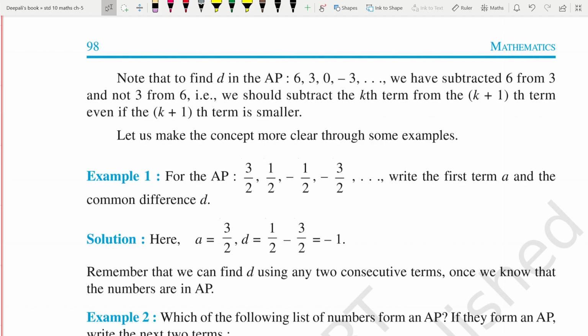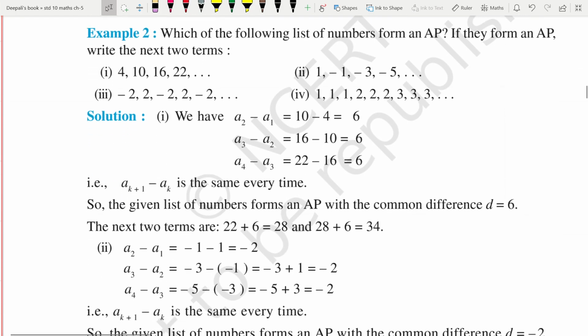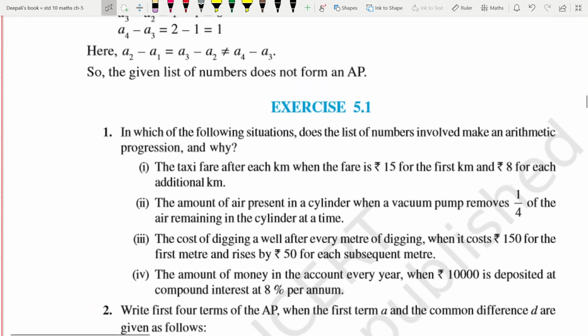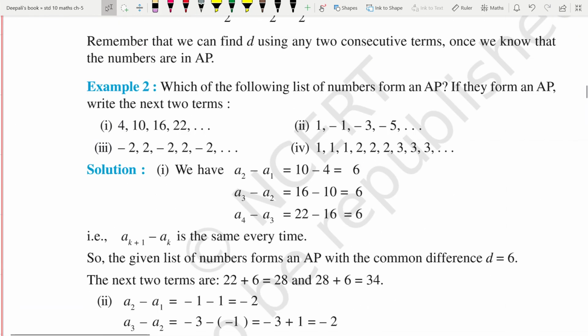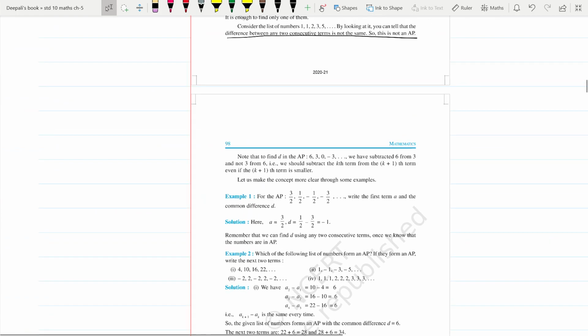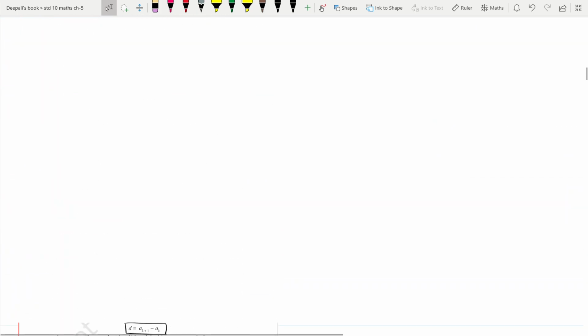Let us now make the concept more clear through some examples. Before that, let us summarize what we understood till now. So, what is AP?